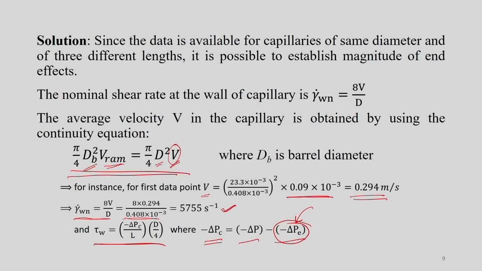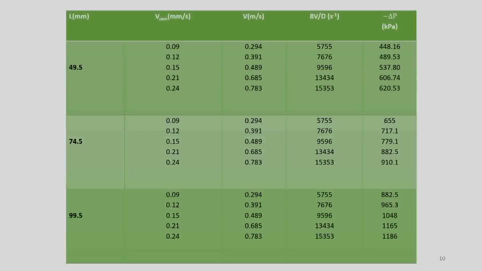So for the first point we found 0.294 meter per second. So what we have in this table is, for V ram with pipe length L1 49.5 mm, the V capillary we have already obtained as 0.294, and the corresponding 8 V by D is 5755, and then the corresponding experimental minus delta P value is 448.16 kilopascal, which is already given, right.